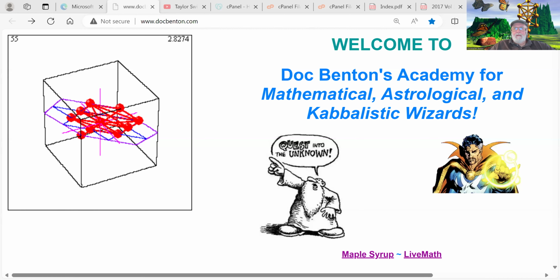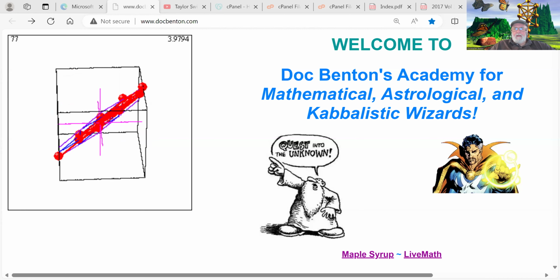And I'm basically just going to introduce you to materials I have on my web page, which give you a new way to learn about the theory of groups. So let's see if I can share my screen here. Okay.